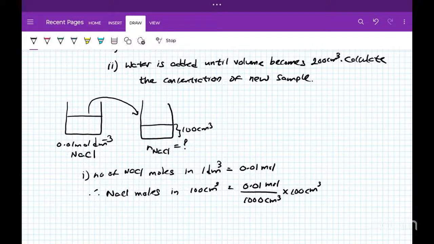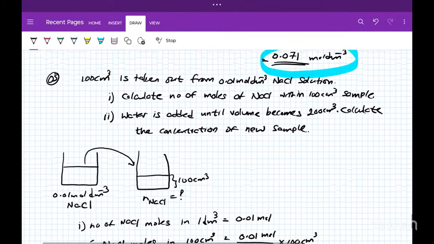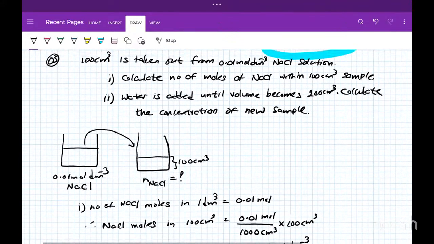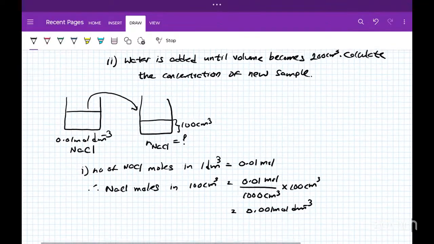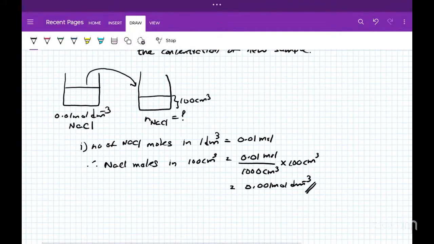Simple ratio. So this is 0.001, the number of sodium moles within 100 cubic centimeters.